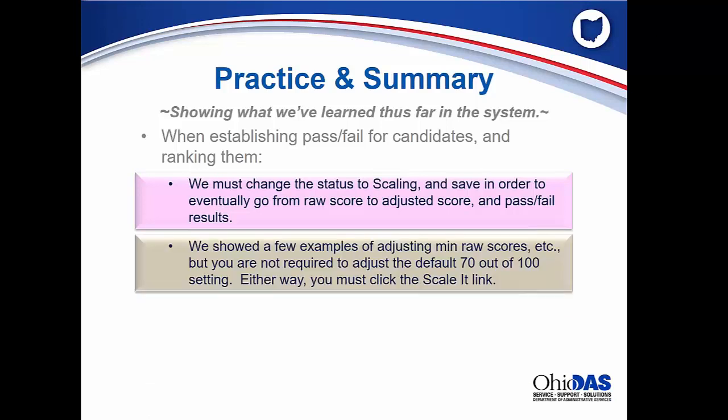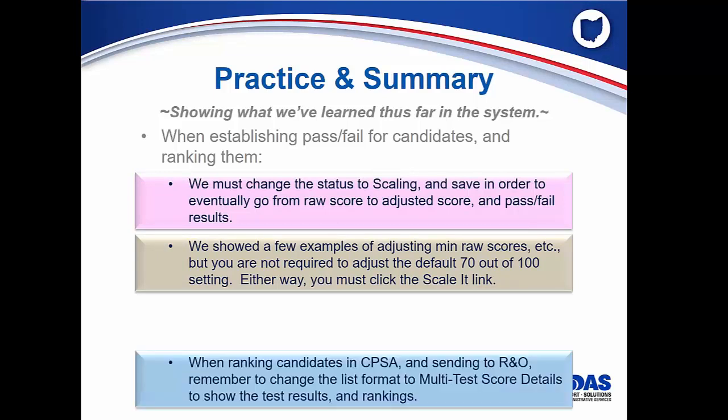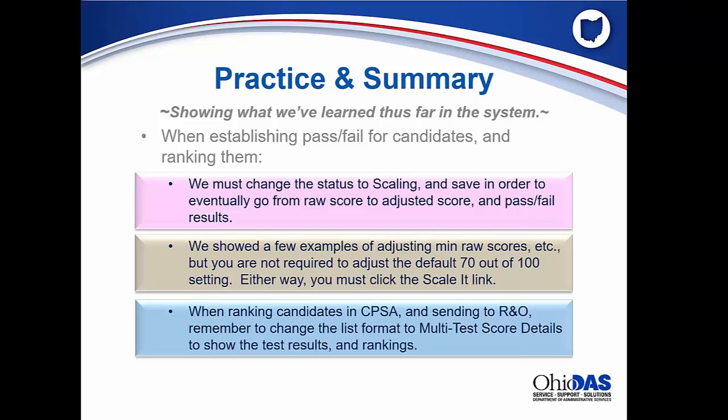We showed a few examples of adjusting min raw scores, but you're not required to adjust the default 70 out of 100 setting that's already there. Either way, you must click the Scale It link to produce the pass-fail results. Finally, when ranking candidates in CPSA and sending to Recruit and Onboard, remember to change the list format to multi-test score details to show the test results and ranking.